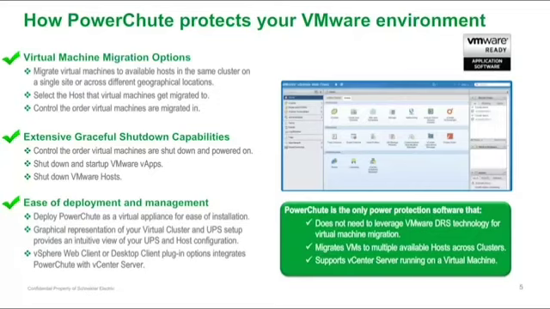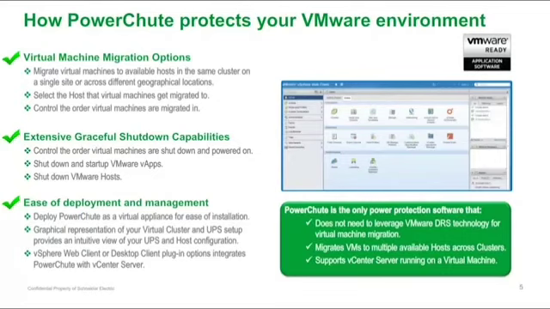Lastly, the vSphere plugin option integrates PowerChute with vCenter Server for ease of management, enabling PowerChute monitoring with the vSphere client. Plugin options are available for either the vSphere desktop client or web client, as seen here.